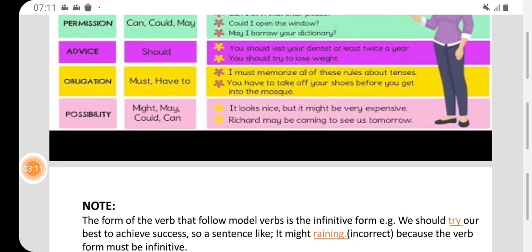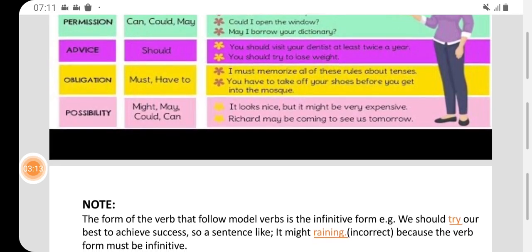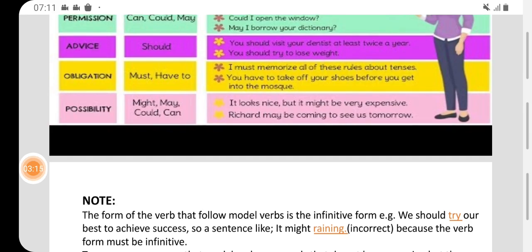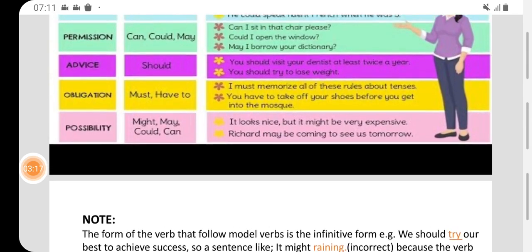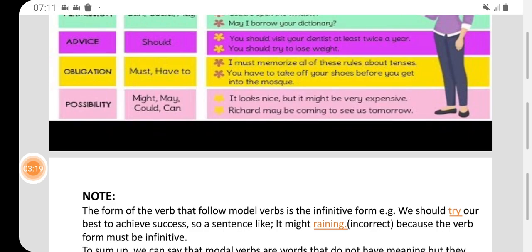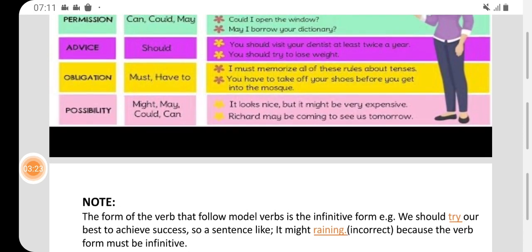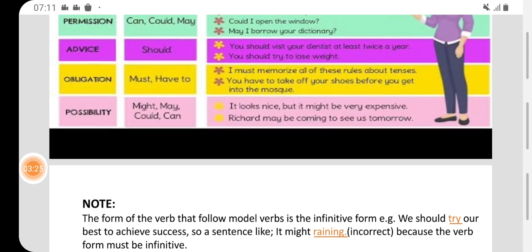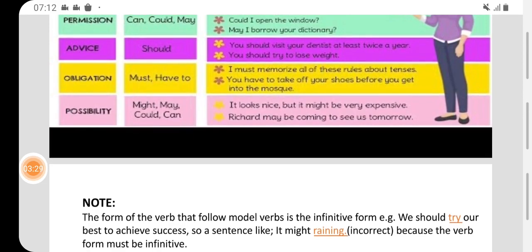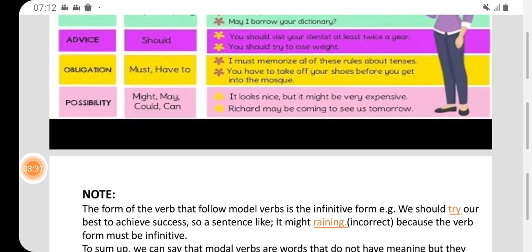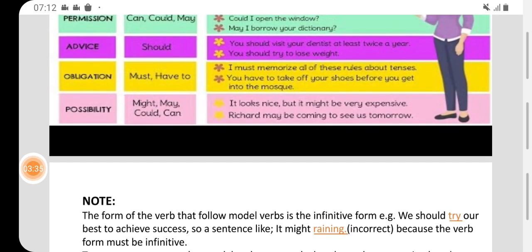Obligation. To obligate, to make somebody do something, or to be committed to doing something. Must and have to. I must memorize all of these rules about tenses. You have to take off your shoes before you get into the mosque.